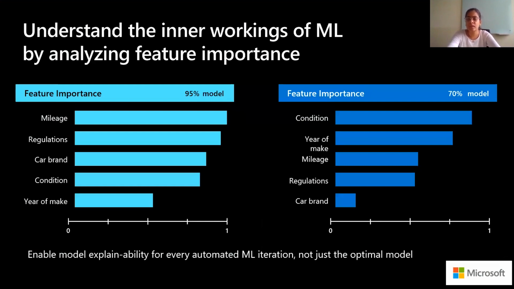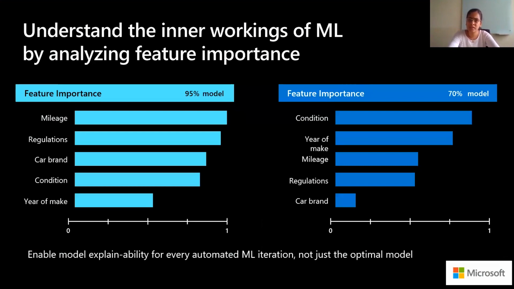In our experience, most of the time we would like to go with the model that automated ML has predicted, but there are cases where we want to understand the features and accordingly change the model. So how do you understand the features? Automated machine learning provides us an explainability for every iteration that it runs.